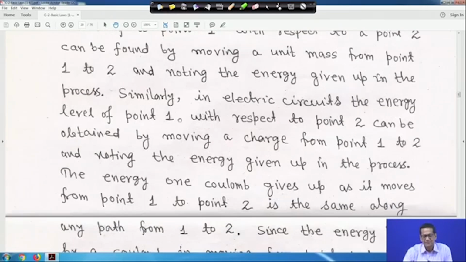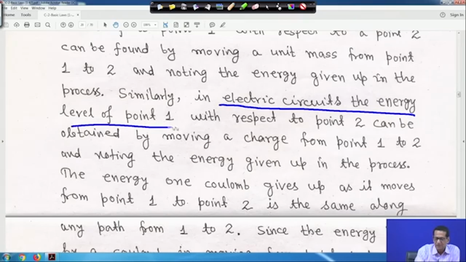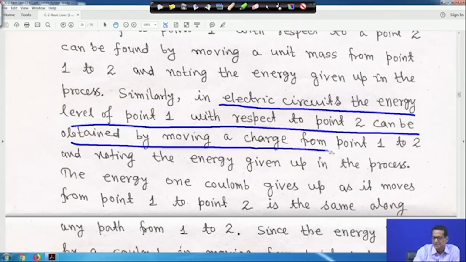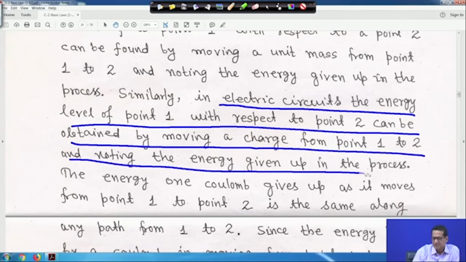Similarly, in an electric circuit, the energy level of point 1 with respect to point 2 can be obtained by moving a charge from point 1 to 2 and noting the energy given up in the process.